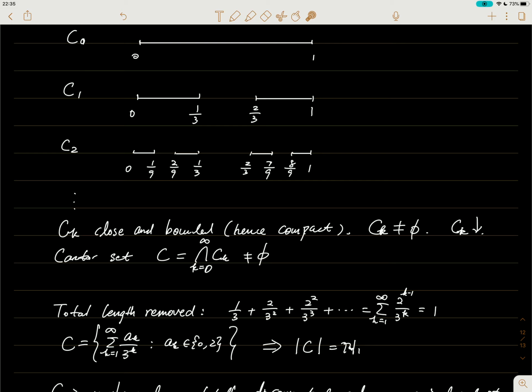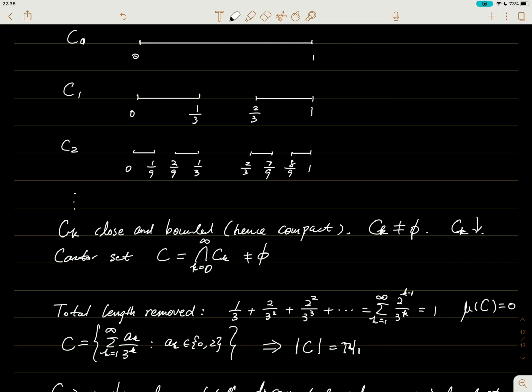So the cardinality of C is aleph-1, but the measure of C is actually equal to 0. So it's a measurable set. As you can see, the measure is equal to 0.